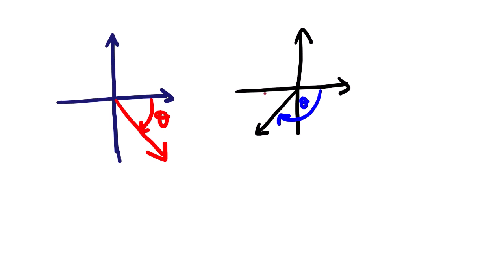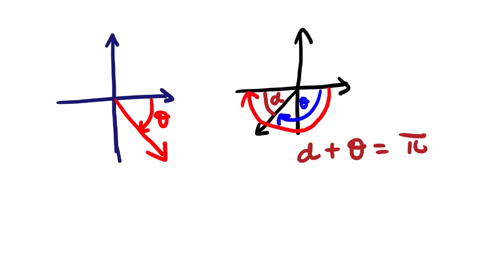We are going to work out this angle first, which we might call alpha. So alpha plus theta will give us pi, remember we are dealing with radians. Since it's going to negative pi, we put negative here, and alpha and theta will also be negative because we are dealing with negative angles.